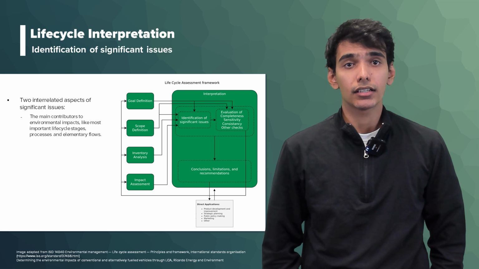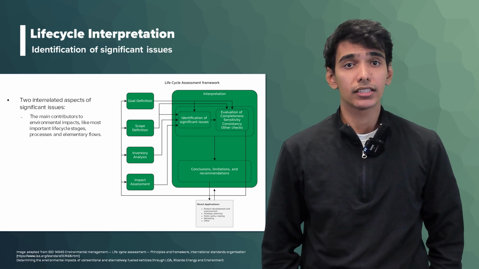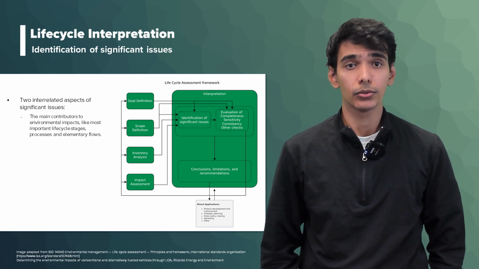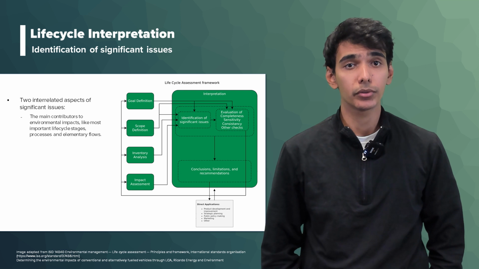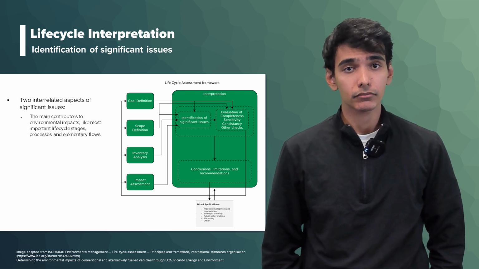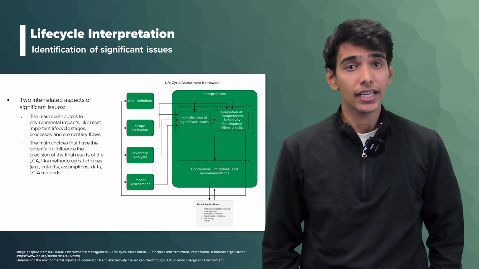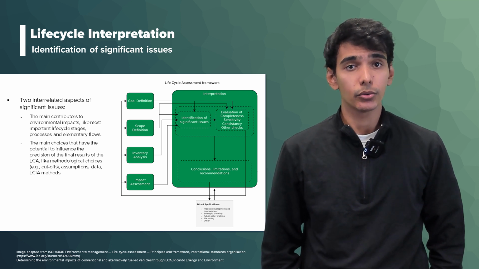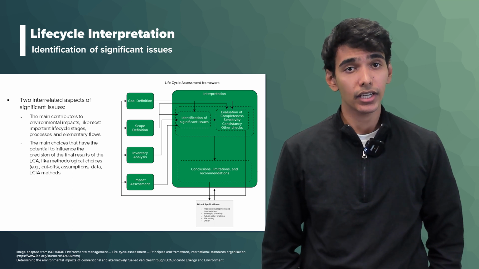So taking a better look into identification of significant issues, there are basically two interrelated aspects of this. So you take into account the main contributors to environmental impacts, like the most important life cycle stages, which include both processes and elementary flows. The main choices that have the potential to influence the precision of your final results need to be looked at.